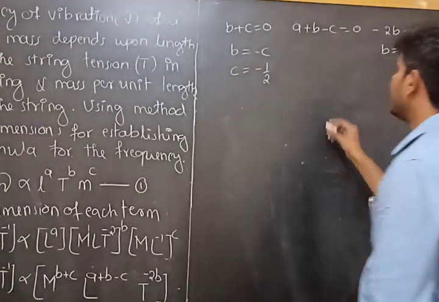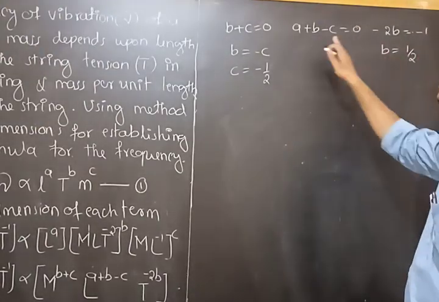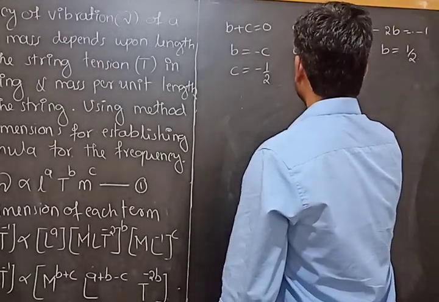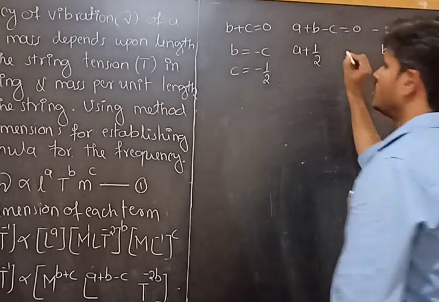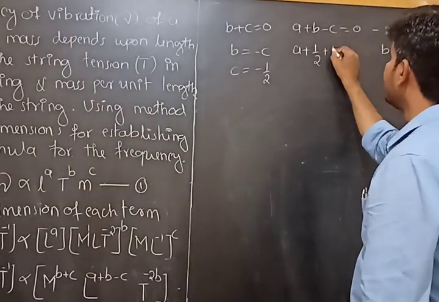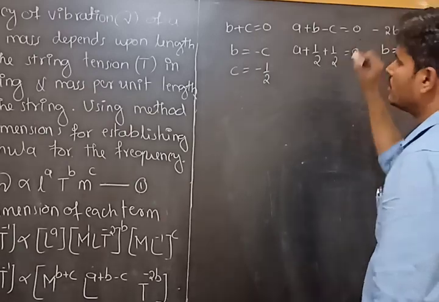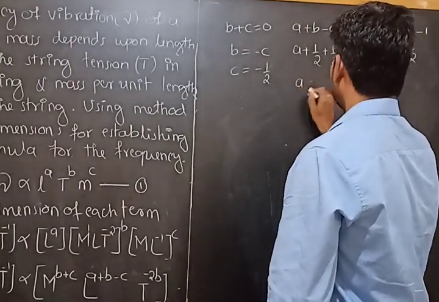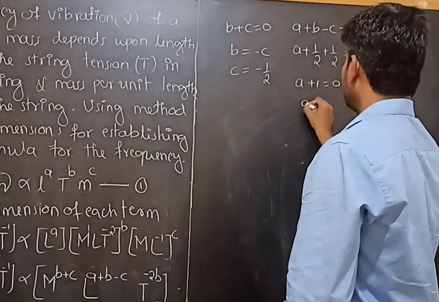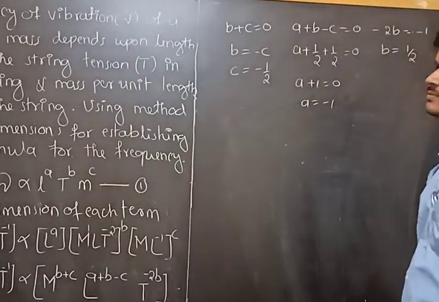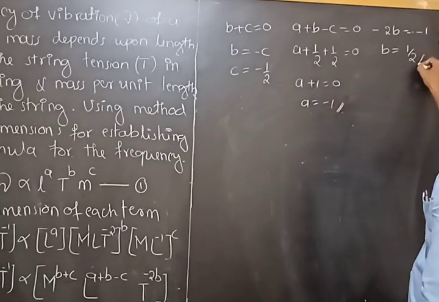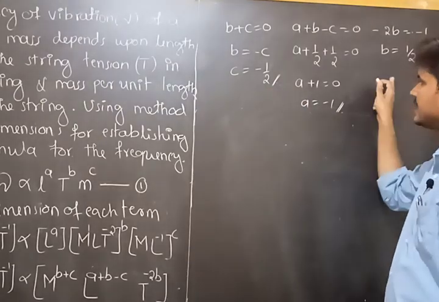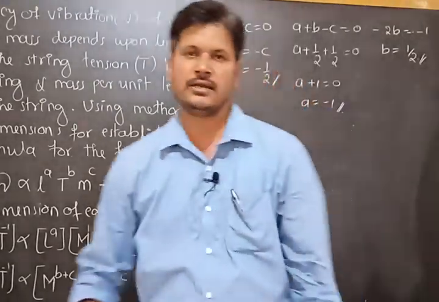Next, substitute these two values into the equation A plus B minus C equal to 0. A plus 1 by 2 plus 1 by 2 equal to 0, so A plus 1 equal to 0, A equal to minus 1. Now I have the A, B, C values.